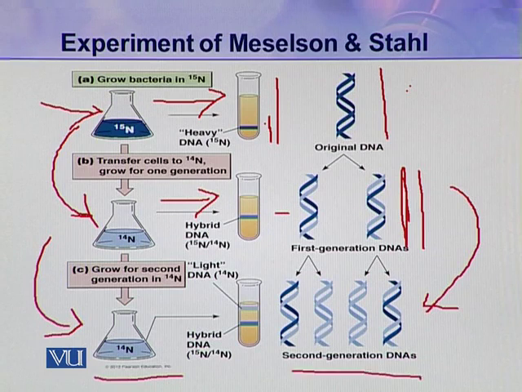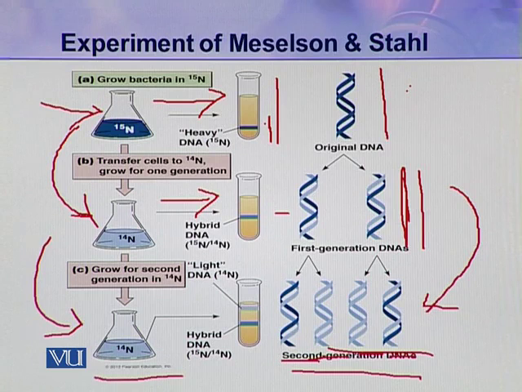After this replication, you can see these two molecules each contain one parental strand. All the other DNA molecules contained new strands which have N14 instead of N15. So here you can see N14 as well as N15.